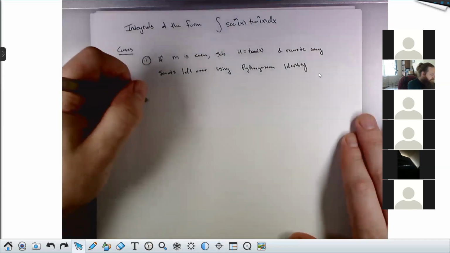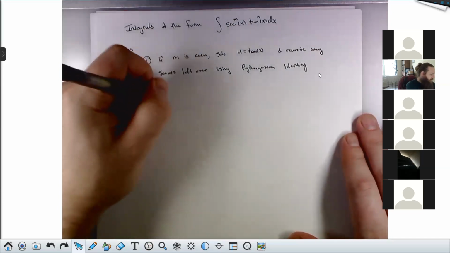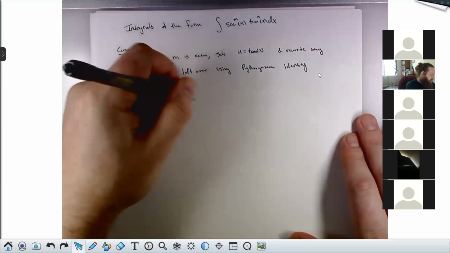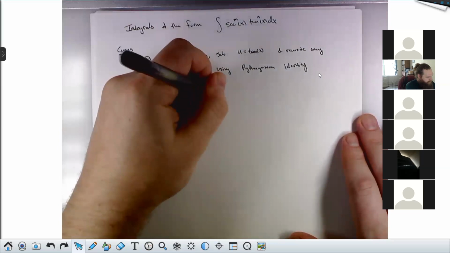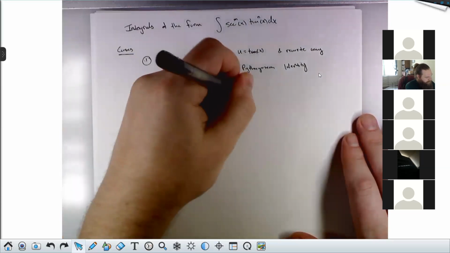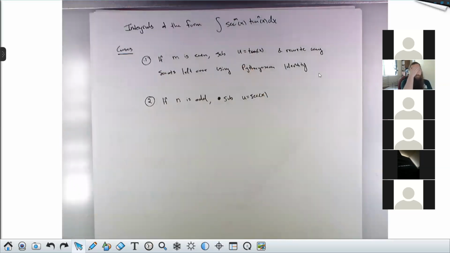The other nice case is if the power of tangent is odd. In that case, you're going to sub u equals secant. If the power of tangent is odd, then when you sub u equals secant, du is secant x tangent x dx.